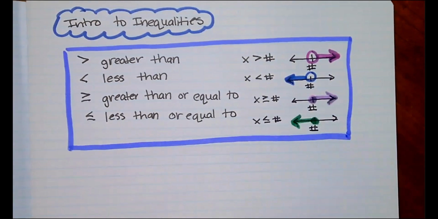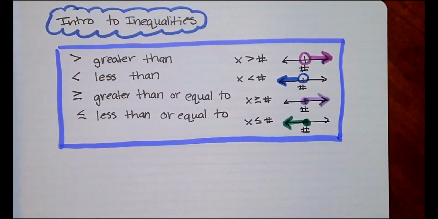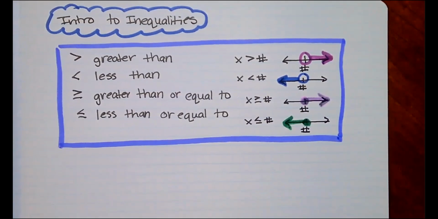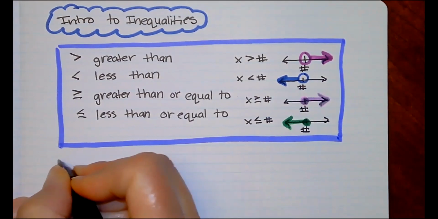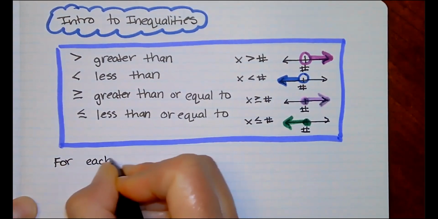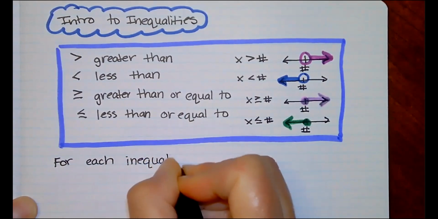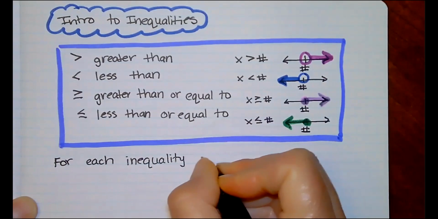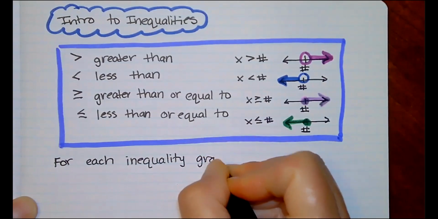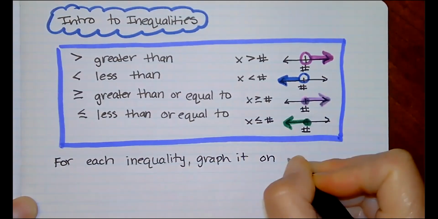So what I'm going to do is I'm going to run through some problems that actually were from our Chapter 9 packet, and I'm going to have us graph them on our paper. So for each inequality, graph it on a number line.